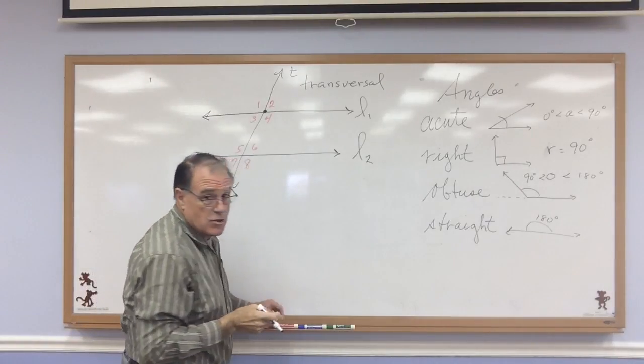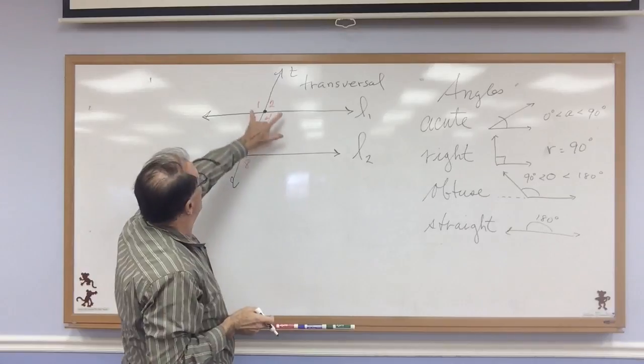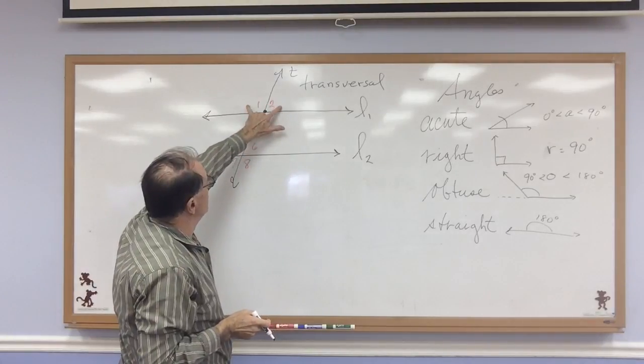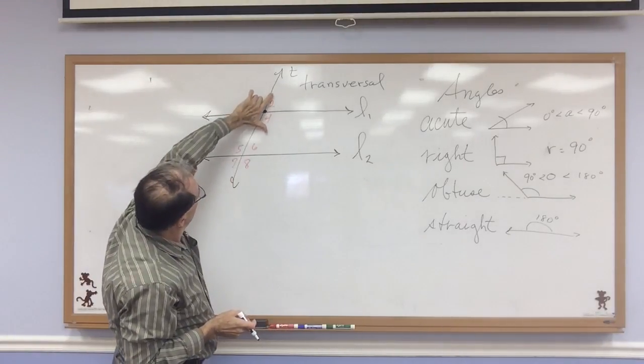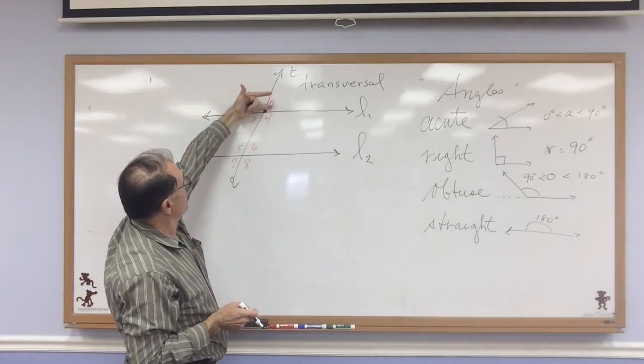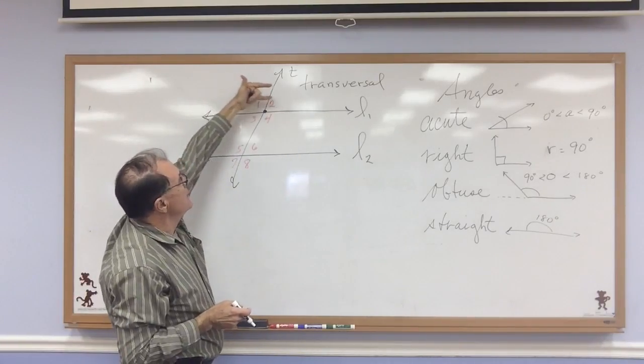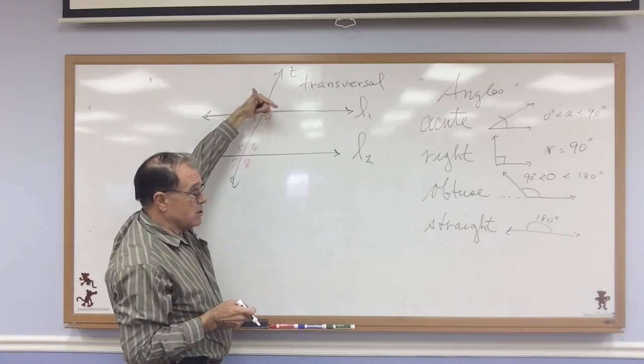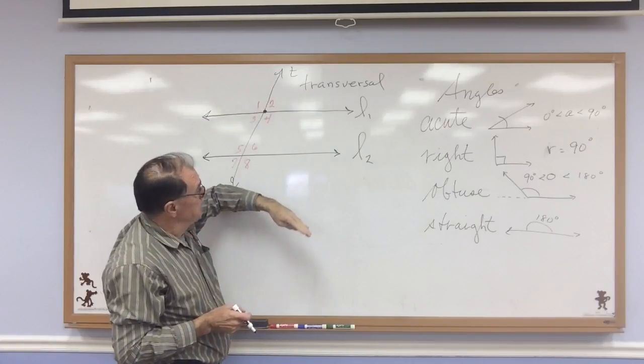Now we see some interesting things here. 1 and 2, 2 and 4, 1 and 3, 3 and 4, these angle pairs form a straight angle.